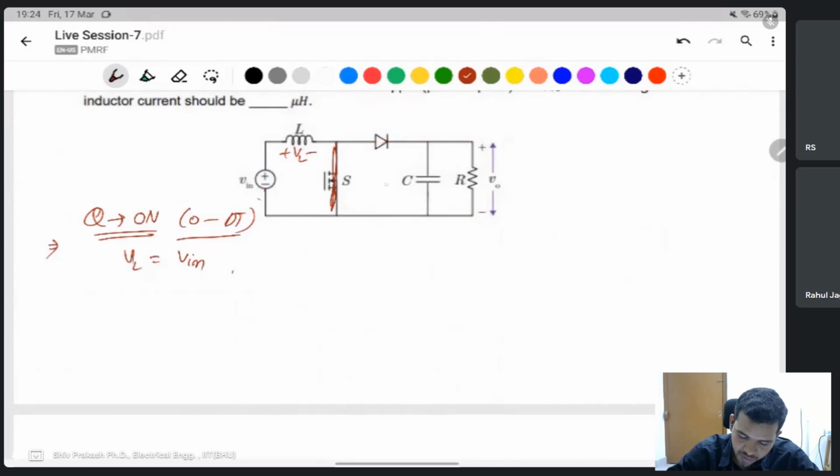When the switch is on, the capacitor delivers the power to the output, total power. It means IC is the same as minus of I naught. This is the I naught direction and this is the IC direction. IC is minus of I naught.